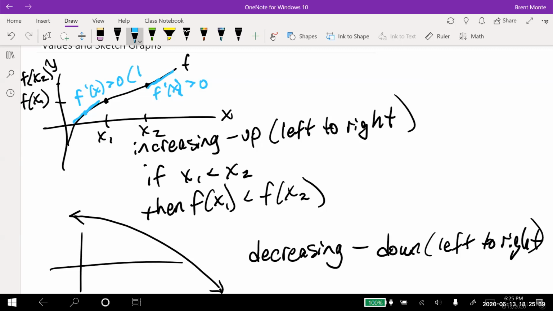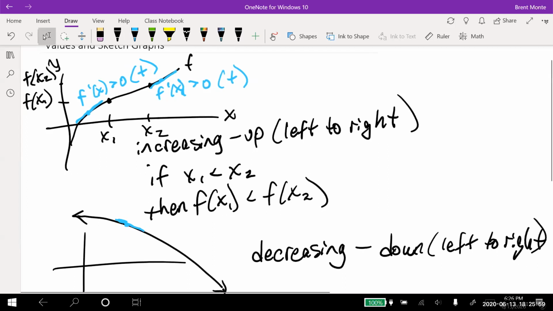I like to just say positive rather than greater than 0. Then we have to interpret, oh, greater than 0, what does that mean? Obviously not hard to interpret, but I'm going to put a plus anytime that we have a positive derivative, just meaning it's going up. Similarly, down here, if I take any point here, left to right, the tangent line is going down.